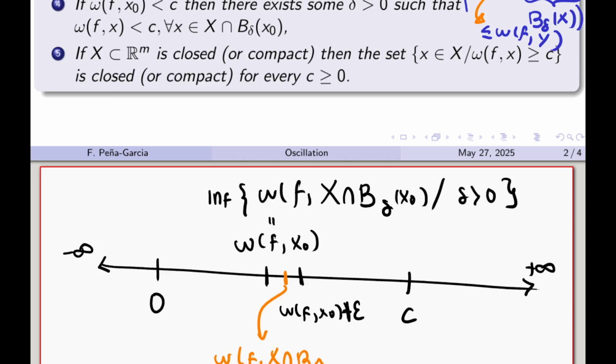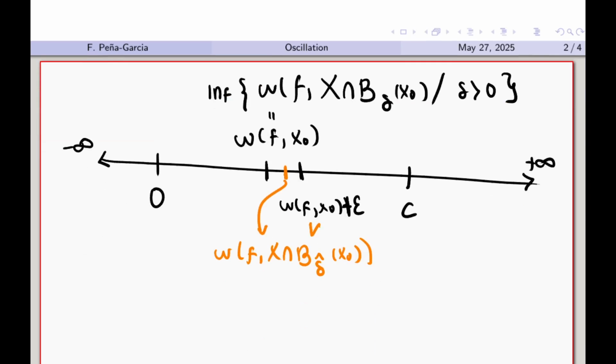Let's go with delta hat, and that is here, when this is strictly less than this value.